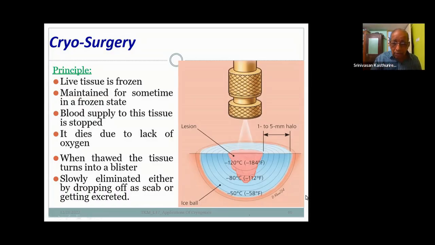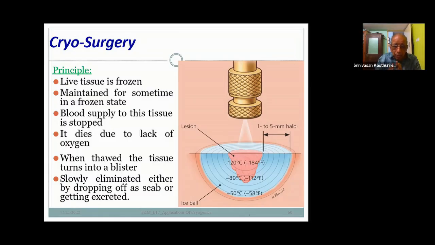Its effect is that another 5 to 8 millimeter of ice formation is also there. Now, the blood supply to this frozen tissue is stopped because it is frozen. So the cells that are frozen will die due to the lack of oxygen.